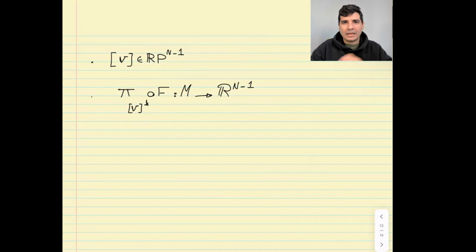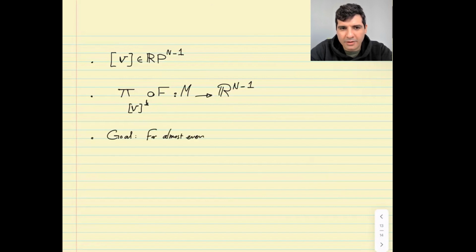That's the more accurate statement of what we want to do. So for almost every choice of class [v] inside RP^(n-1), the map defined by pi v perp composed with f is an embedding.